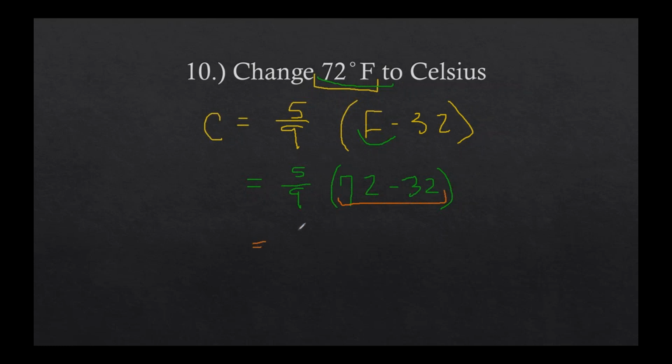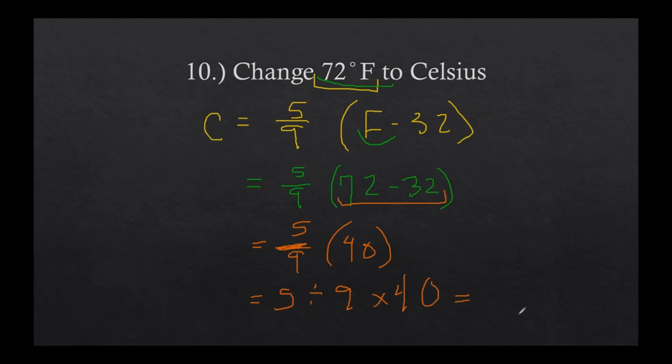Noah, that's nice. So 72 minus 32 gives us 40. So we're taking 5/9 times 40. This becomes the multiplication division left to right. So when you plug this into your calculator, remember that a fraction bar is the same as a division sign. So this is like 5 divided by 9 times 40. And you can chuck that in all at the same time.